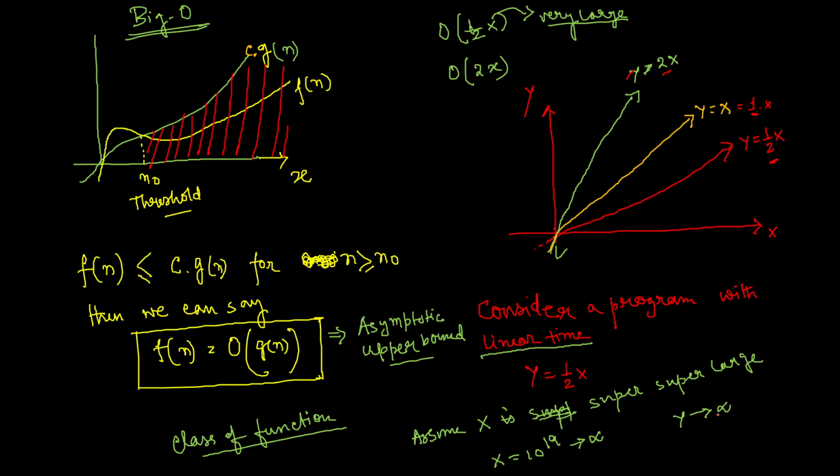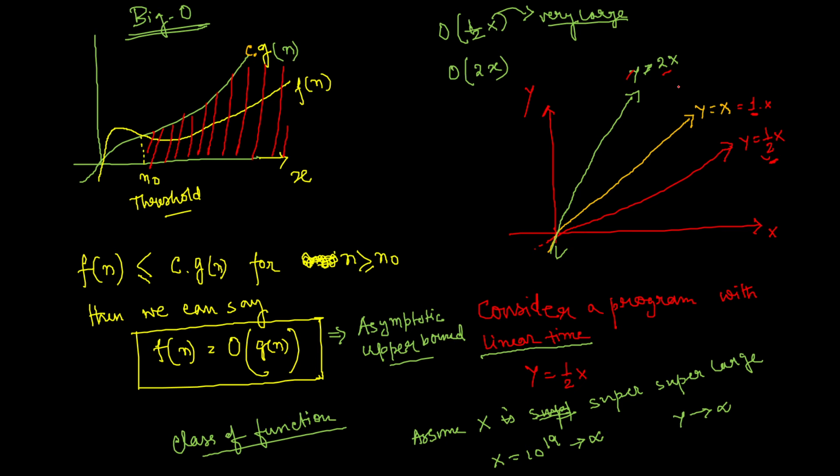So whatever the factor multiplied with the variable x doesn't matter for a very large value of x. So for a very large value of x, the three different straight lines are representing the same class of function, that is x, a linear class of function.